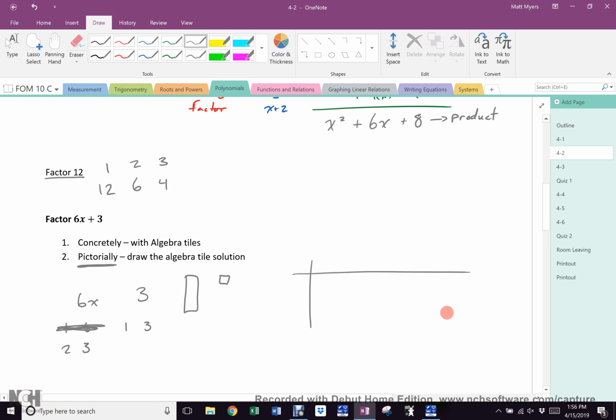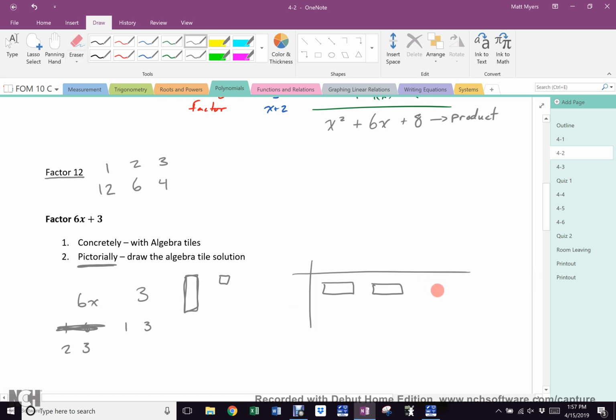How can I do that? What are my options? I need a rectangle in here. So what are my options here? How will I draw 6 of these and have them make a rectangle? I know I can't do 6 and 1, can I?